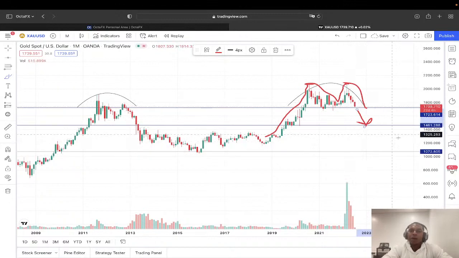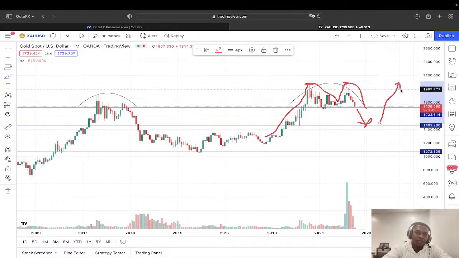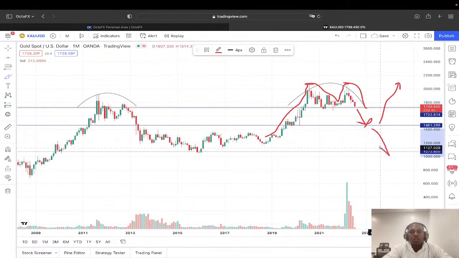And when price falls further to this level, then there might be a bullish reversal pattern, or a continuous fall in the price of gold.